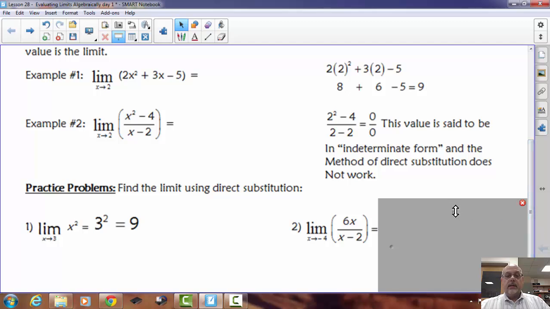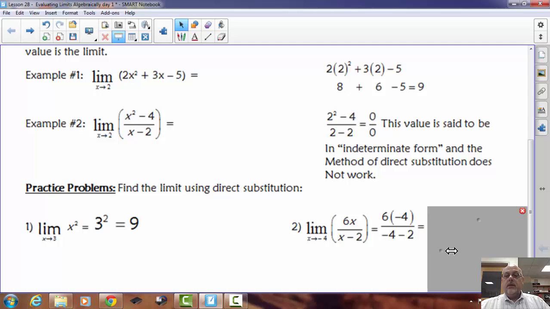So you take the negative 4 and you substitute it in for the x in the numerator, so 6 times negative 4, and you substitute it here in the denominator, negative 4 minus 2, excuse me, and you wind up with negative 24 over negative 6. So the limit of this function is 4. We got real values. That's the limit of the function.